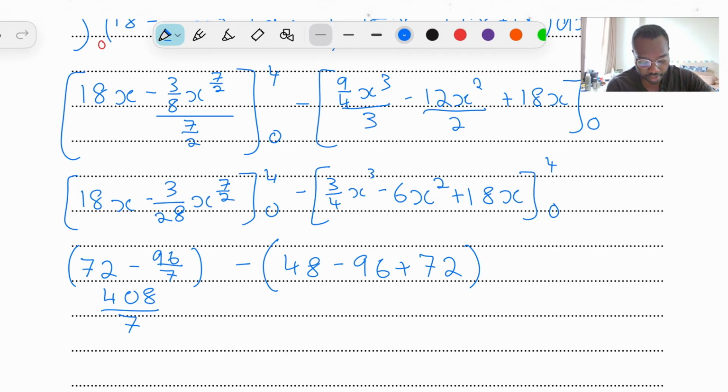And then on this side here, you get 48 minus 96 plus 72. That will give you a 24. So we just have 408 over 7 minus 24. And if you were to work that out as a fraction, you would get 240 over 7.